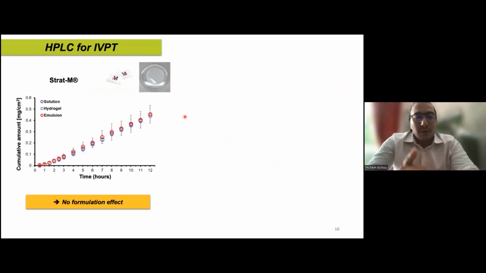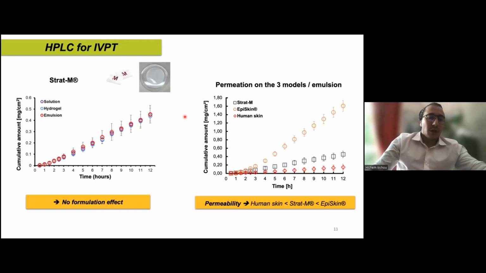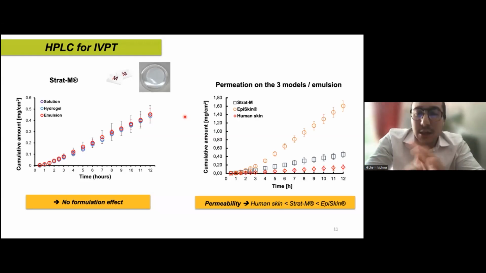For the Strat-M, the permeability was similar across formulations, although the formulations differed. This suggests that Strat-M does not replicate the formulation effect, likely due to its polymeric composition. However, it was interesting to plot the permeability of the emulsion, as an example, across the 3 skin models.